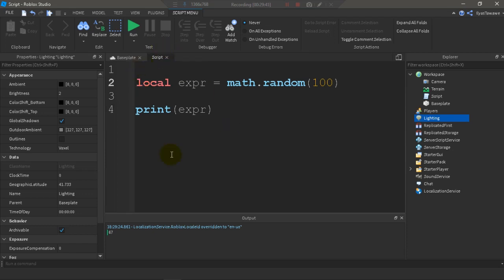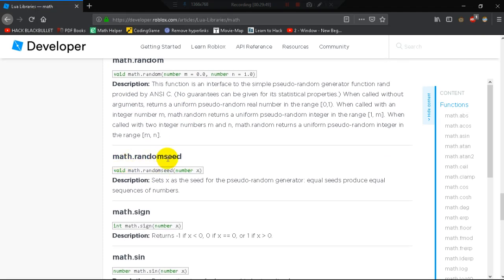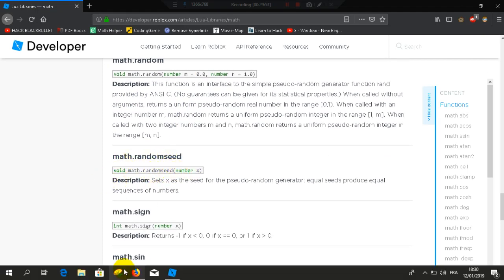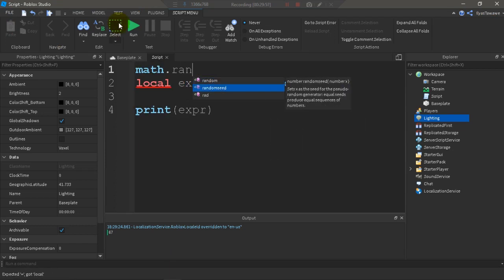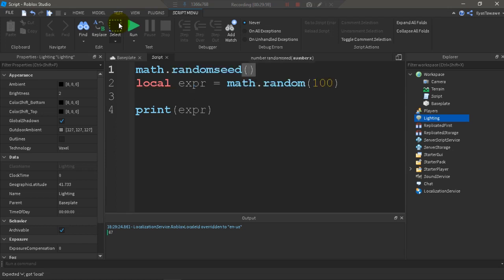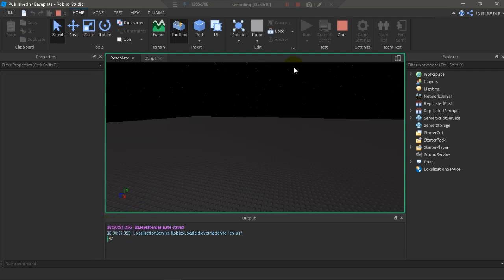For example, it's called math.randomseed. Let's get math.randomseed and give it a value. For example, we're just going to give it one seed every time we run, and let's see what it gives us. 97.